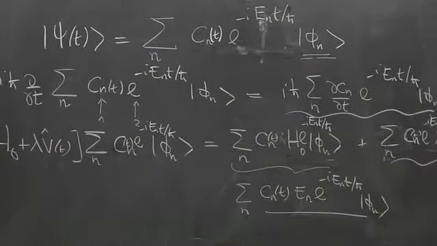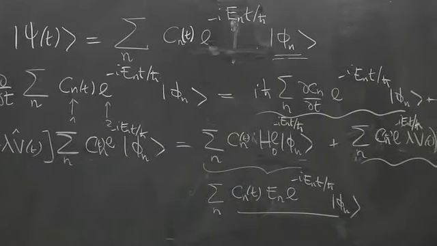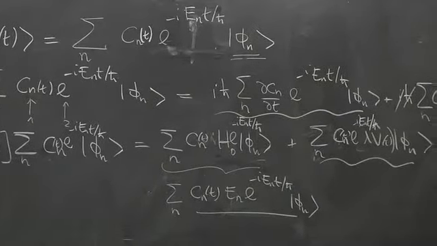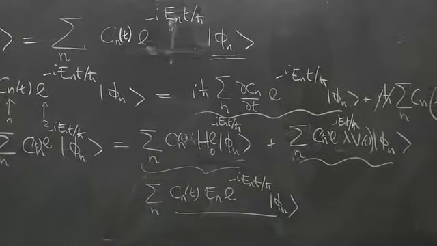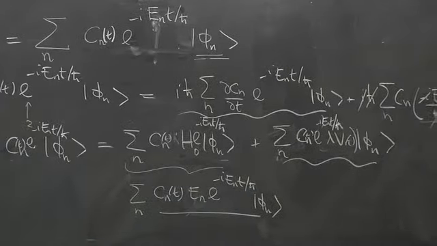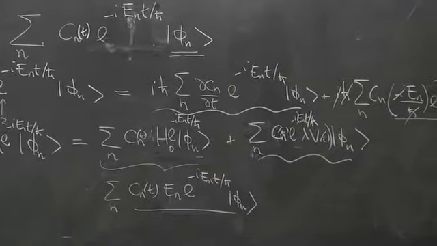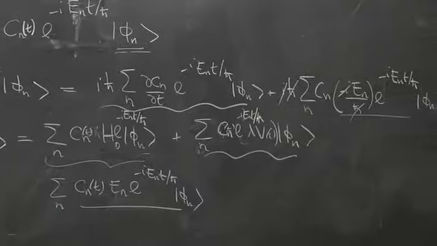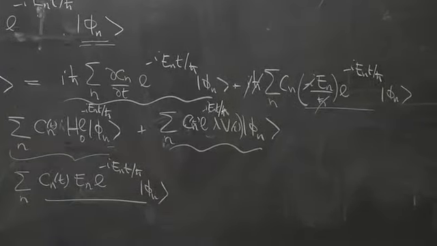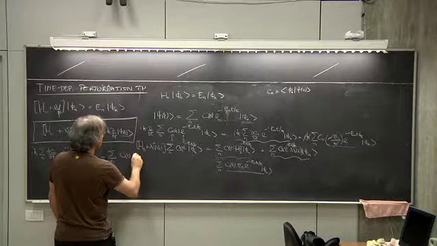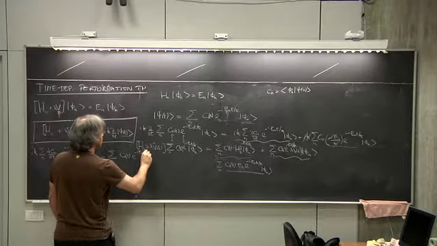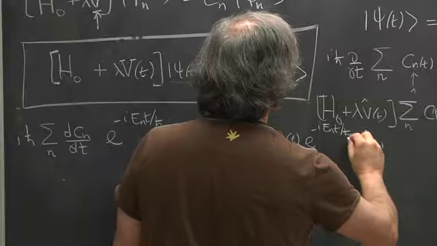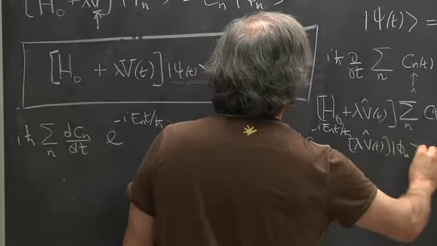I h bar, the sum over n of the derivative of Cn with respect to t times e to the minus i En t over h bar times phi n has to be equal to the sum over n, still of Cn of t, e to the minus i En t over h bar, lambda V of t applied to phi n.